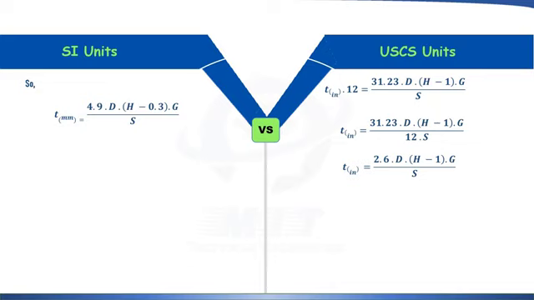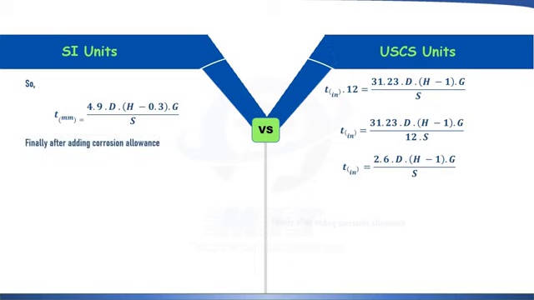After rearranging, we'll get for SI unit, in millimeter, 4.9 times diameter into H minus 0.3 into specific gravity over stress. And for USCS unit, thickness in inches equals 2.6 times diameter into H minus 1 into specific gravity over stress.